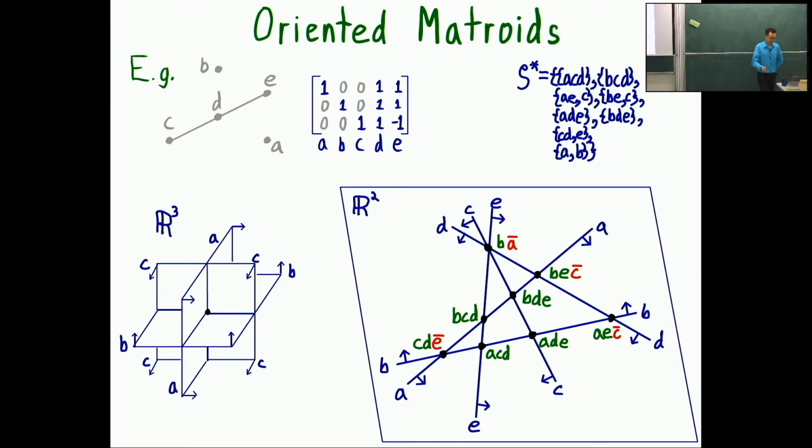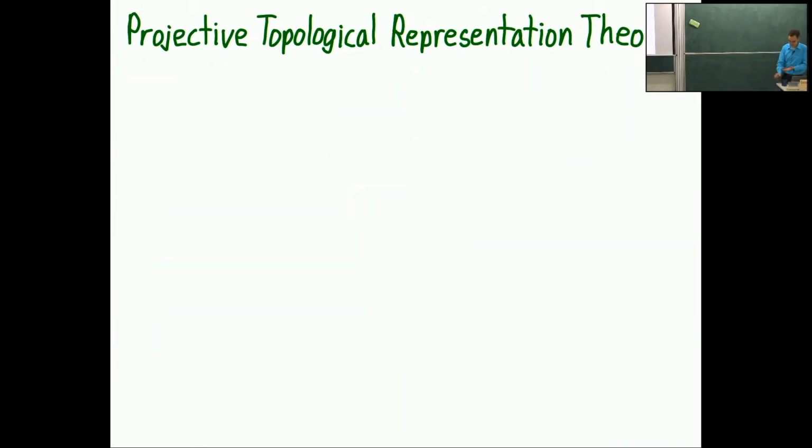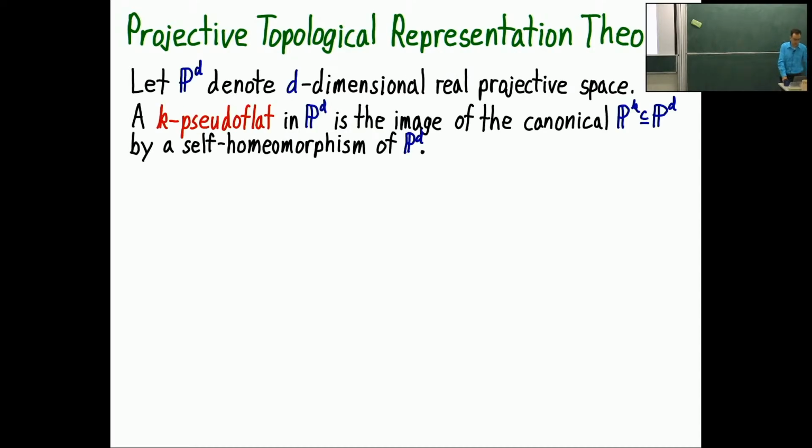And this, in fact, remarkably, this type of idea fully captures any orientable or oriented matroid. This topological representation is where instead of lines, you have pseudolines.